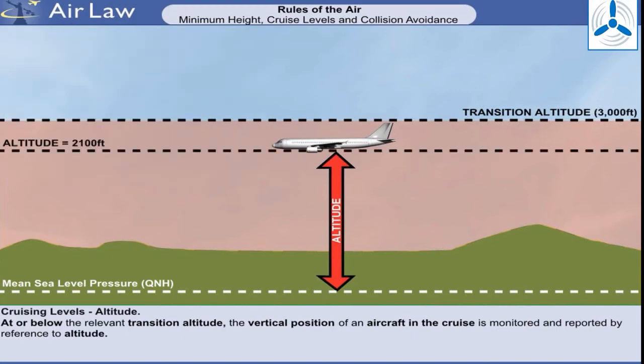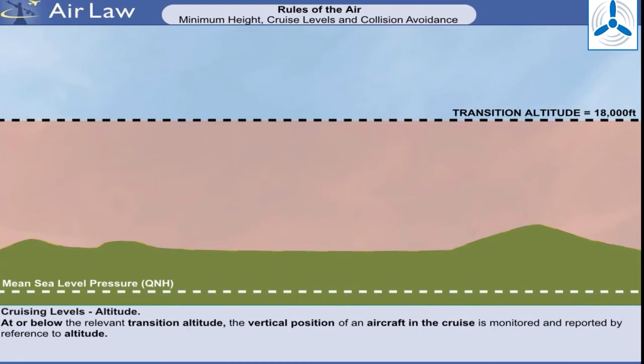For example, in the United Kingdom, the transition altitude is generally 3,000 feet, with certain exceptions such as around Heathrow and Glasgow. In the United States, though, the transition altitude over most of the country is 18,000 feet, while in New Zealand, the transition altitude is 13,000 feet.